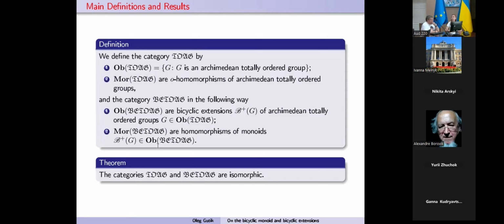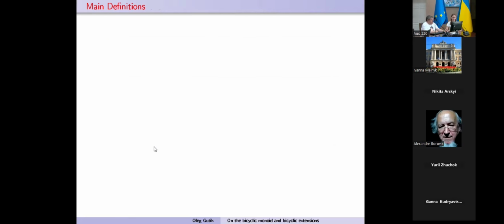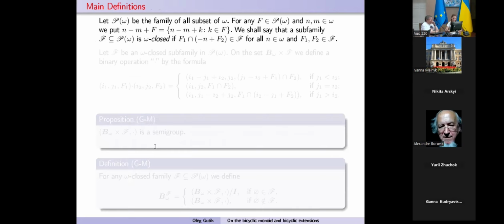So the next extension was presented by me and my student Mykola Michelenic. If P(omega) is a family of all subsets of omega, for any element of P(omega) and any non-negative integers n and m, we define such a set m minus n plus f.